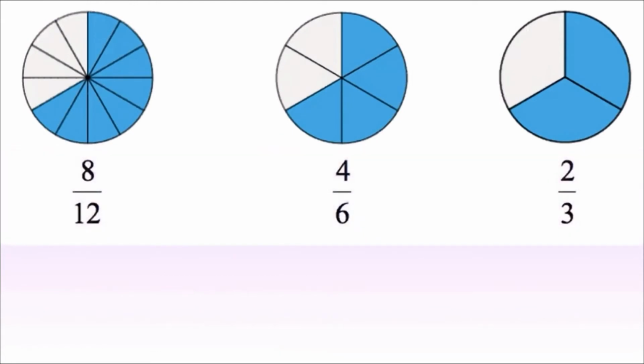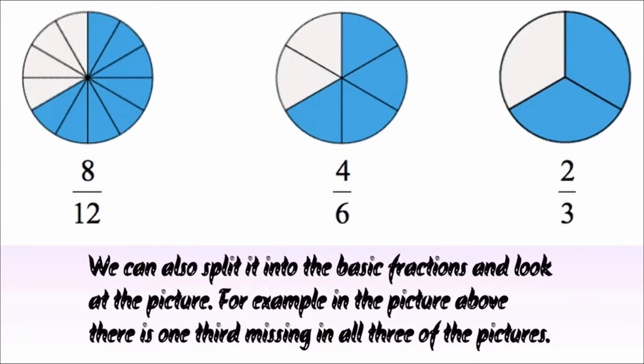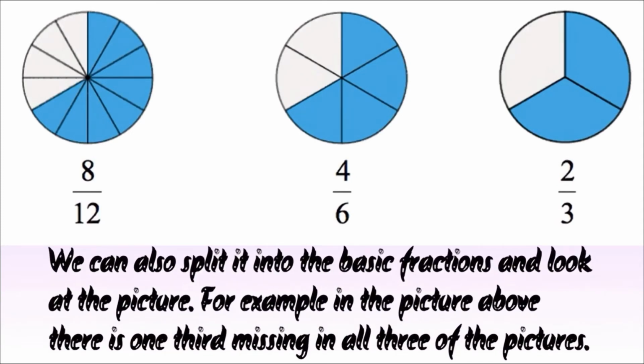Eight out of 12, 4 out of 6, and 2 out of 3. They're all equal. How? We can also split the fractions into their basic fractions and look at the picture. For example, in the picture above, there's 1/3 missing in all 3 of the pictures.